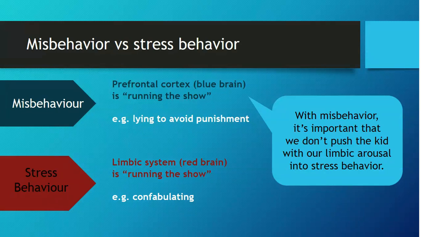We may push them into stress behavior, and then confabulating starts. The child may actually believe what they're saying, or they work very hard to run the show, right? But still, lying and confabulating is energy taking.